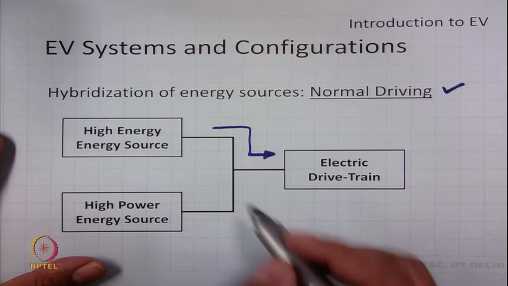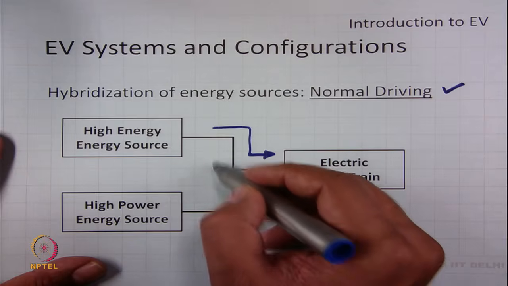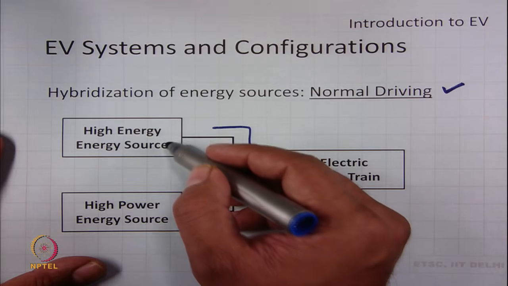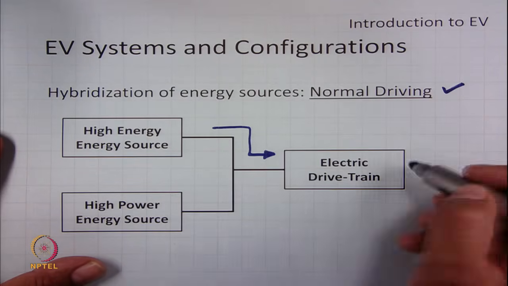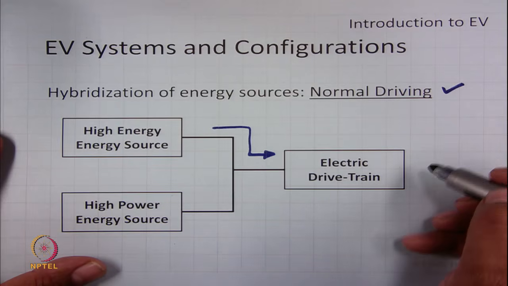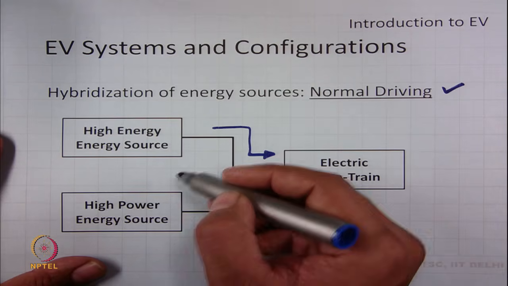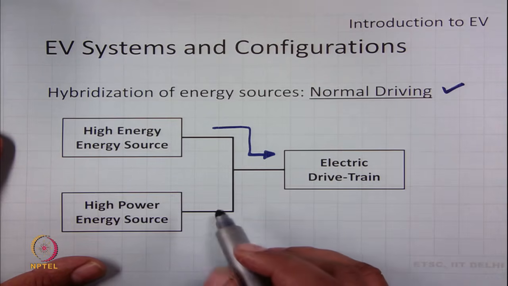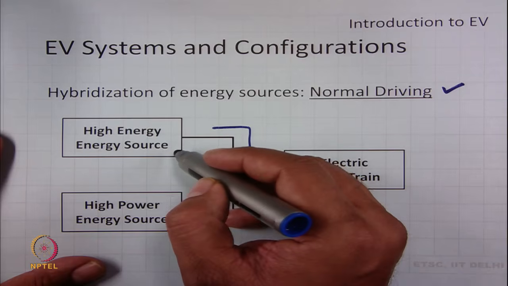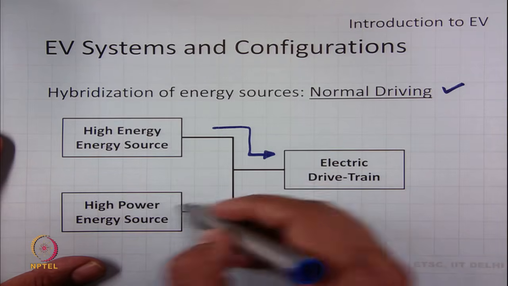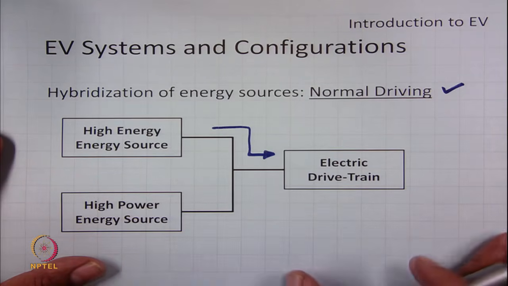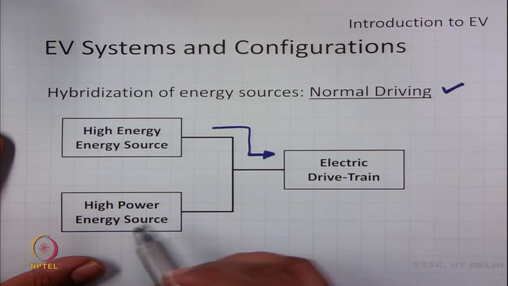Intermittently, the energy flow can also happen from the high energy source to the high power source when we have a light load or very low power requirements in the drivetrain. This is normally to transfer energy from the high energy source to the high power source. The high power source generally cannot store energy on its own.